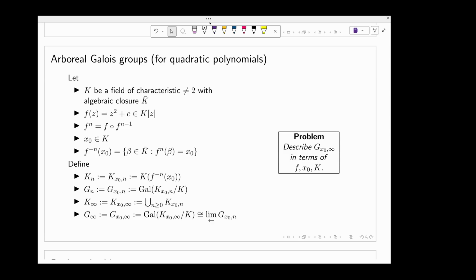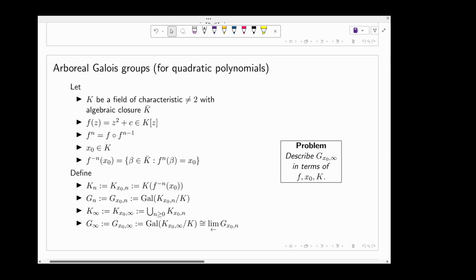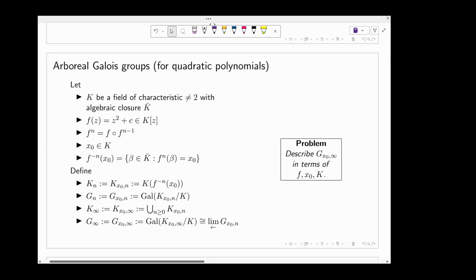I know that maybe Galois theory isn't the main interest of a lot of people in this seminar, but remember, a Galois group is just the set of automorphisms of my field, and because I built a Galois extension, the number of automorphisms matches up with the degree of the extension that I've built. All of these fields nest inside of each other.